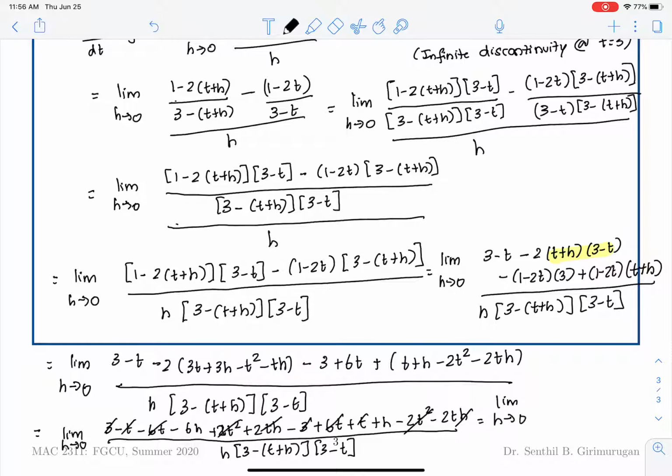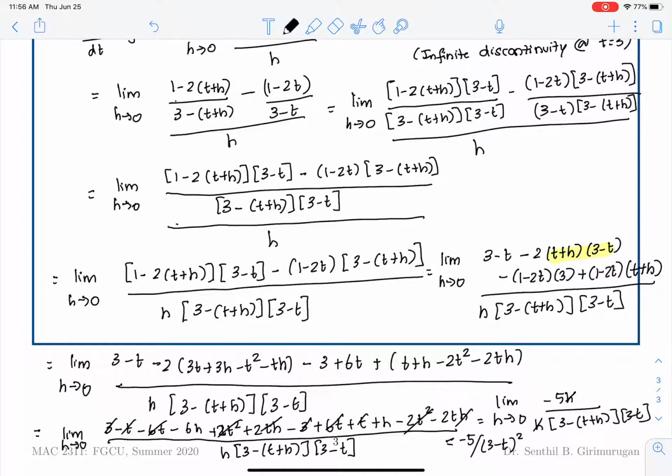as h approaches 0, negative 6h plus h, that's negative 5h, over h times 3 minus t plus h times 3 minus t. The h's would go away, and if we apply the limit, the answer would be negative 5 divided by 3 minus t squared.